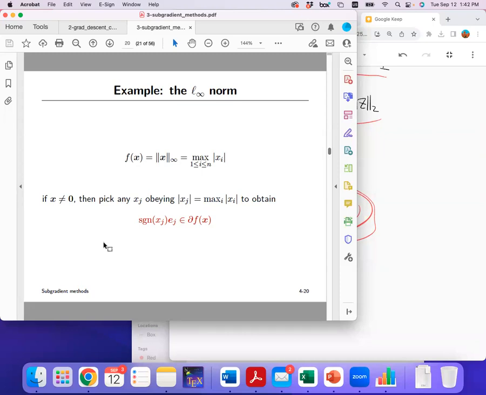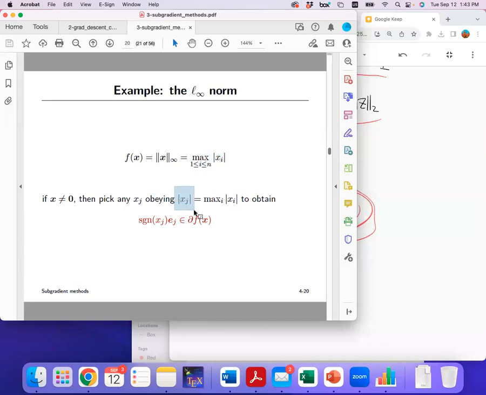Another example is the infinity norm. If f(x) is the L-infinity norm of x, by definition it is the maximum absolute value among all the coordinates. Again, this is a maximum form, a pointwise maximum. So you can apply that subdifferential rule to compute the subdifferential of this function.